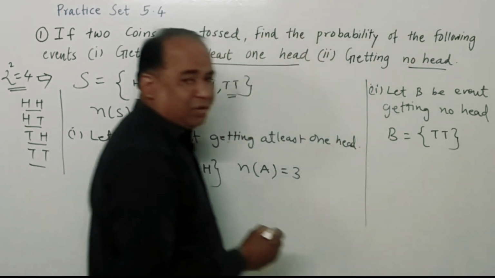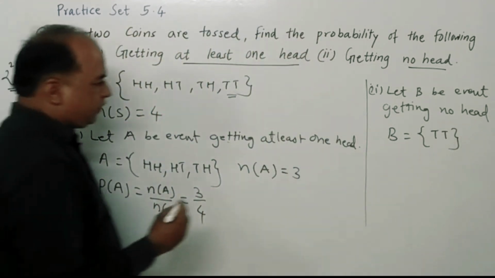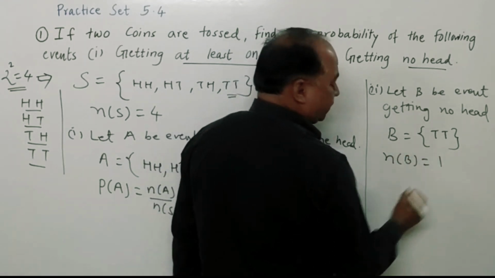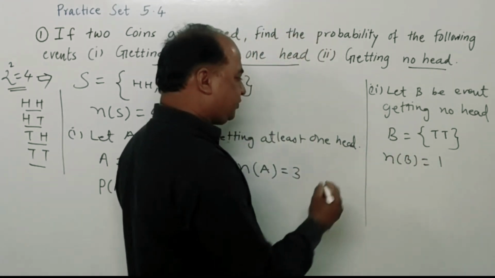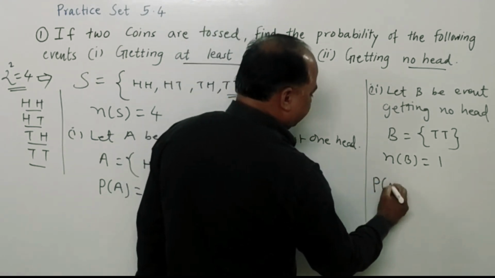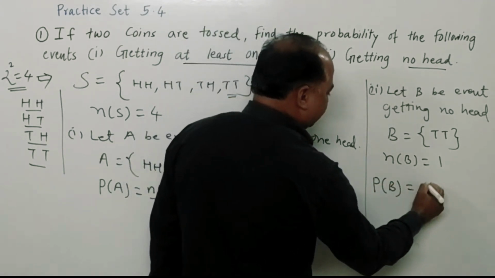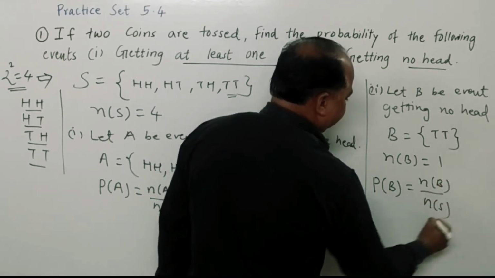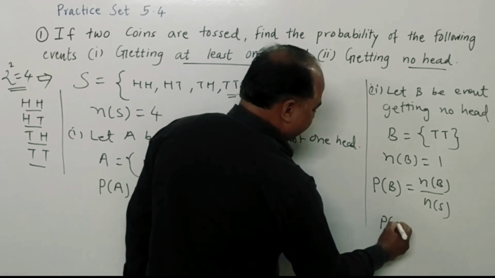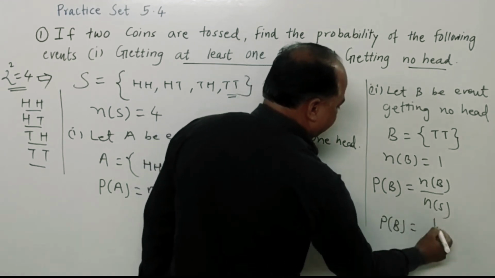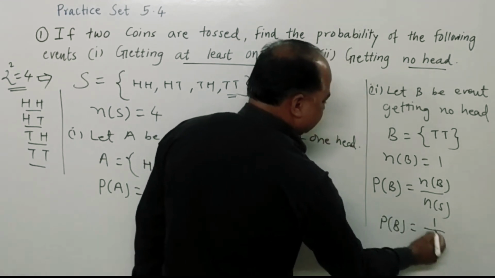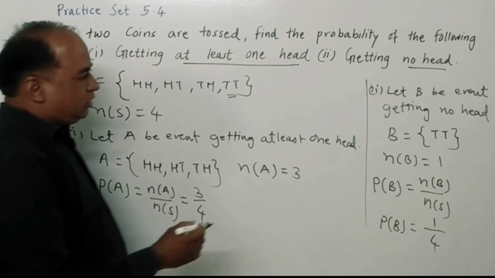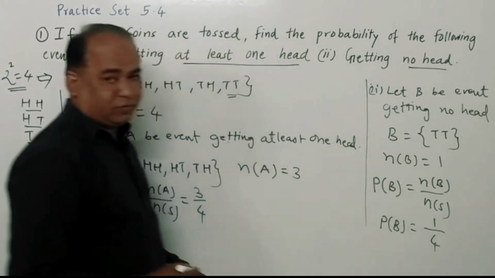The number of sample points in B, n(B), is equal to 1. So the probability of B is n(B) upon n(S), and the probability of getting no head is 1 upon 4.